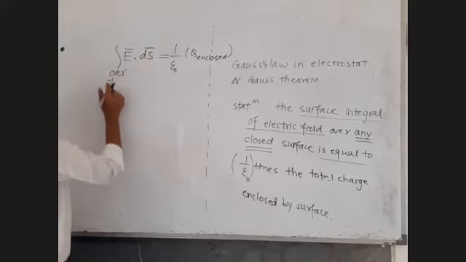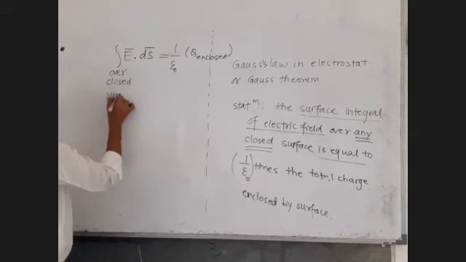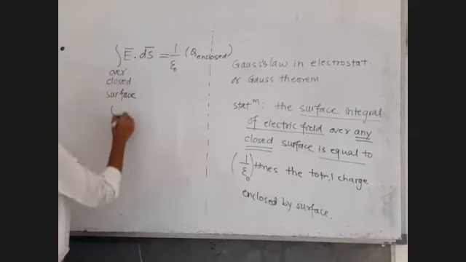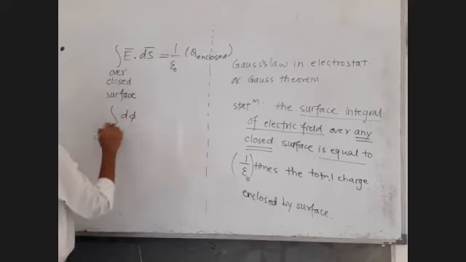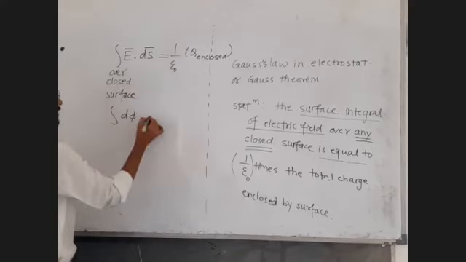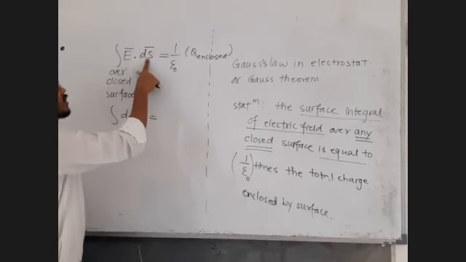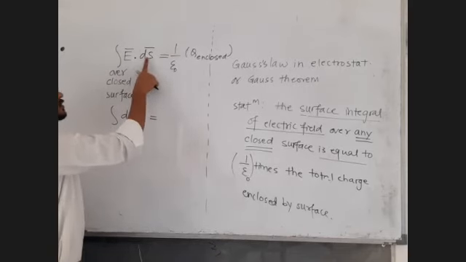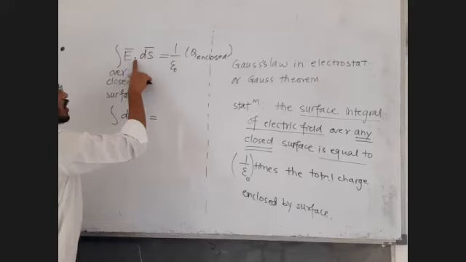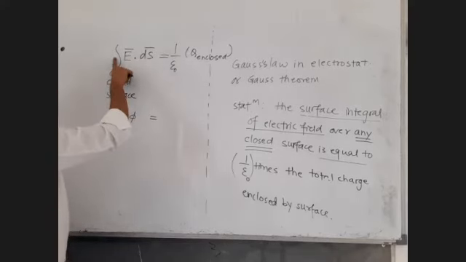This integration is over a closed surface. So what is this? This is electric flux. By definition this is electric flux, E bar dot ds bar. They are calling it the surface integral of electric field, meaning the dot product of electric field and the area vector and its integration.